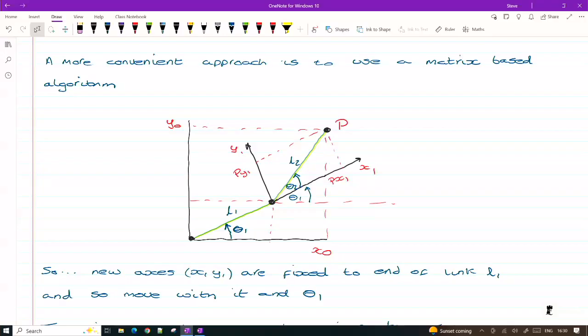So we know the position of point P within its frame, but the origin of its frame has been translated in X and Y and rotated within X and Y as well. So we need something to describe both of those actions.